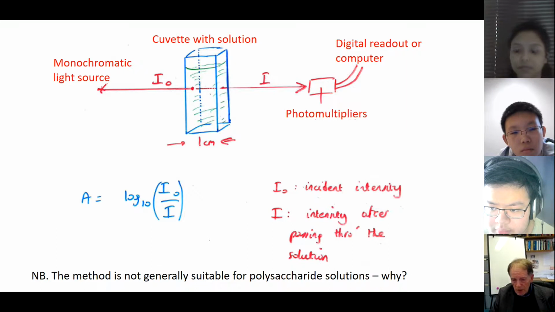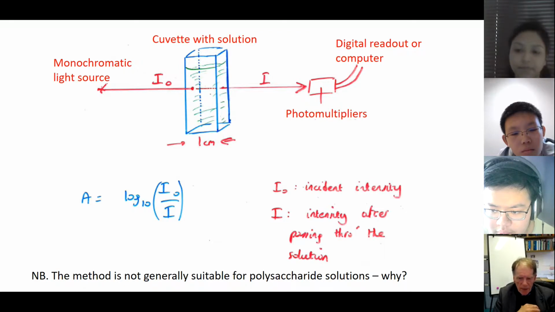You can do that with proteins as well. You could go down and record the absorbance due to the peptide bond, as opposed to the glycosidic bond with polysaccharides. But it is tricky.